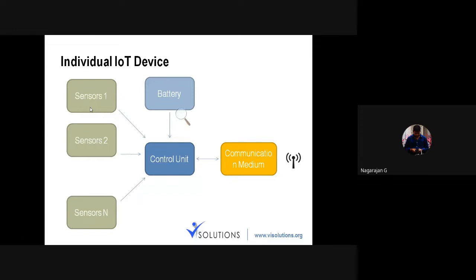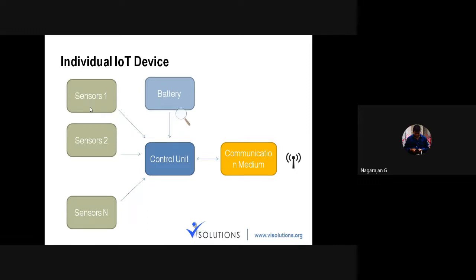How can we build individual IoT devices? We have sensors, which are used for measuring physical parameters. Those sensors are connected to the controlling unit. What is a control unit? It may be an FPGA based system, an embedded processor, a microcontroller, or even Arduino or Raspberry Pi, whatever it may be. Those are your control units. Obviously, control units are electronic devices, so they need power to work.